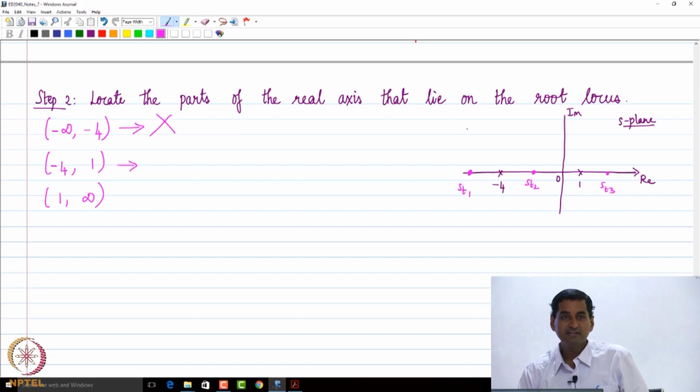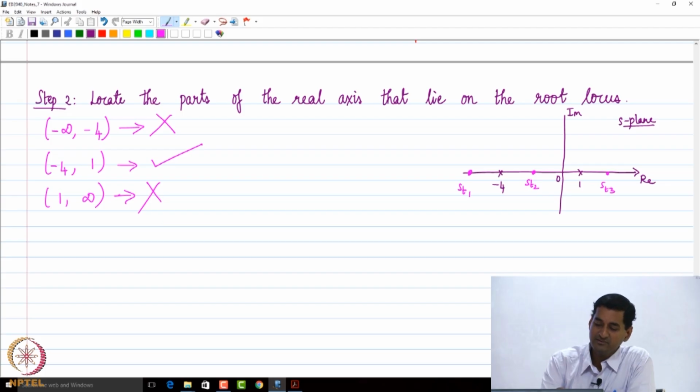Yes, sir. If you take ST2, you see that theta 1 will be 0, theta 2 will be 180. So this is right. Now what about 1 to infinity? No, because the angle will be 0, which is not an odd multiple of 180 degrees.